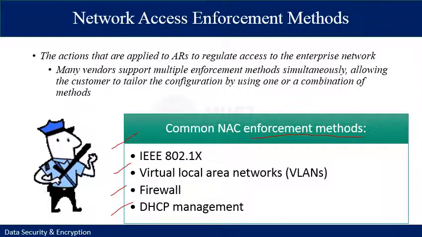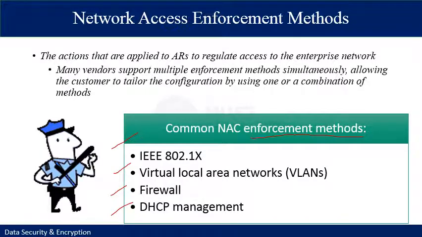Another enforcement is placement of a DHCP server. The Dynamic Host Configuration Protocol is an Internet protocol that enables the dynamic allocation of IP addresses to hosts. A DHCP server is very important in most enterprise networks. A DHCP server intercepts the DHCP request and assigns an IP address instead.